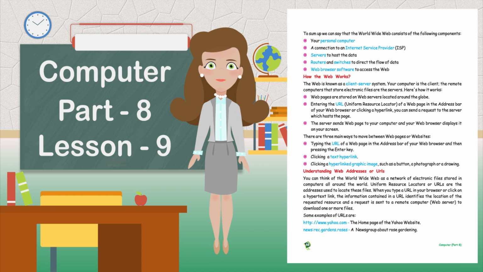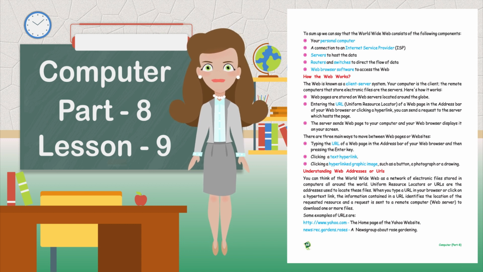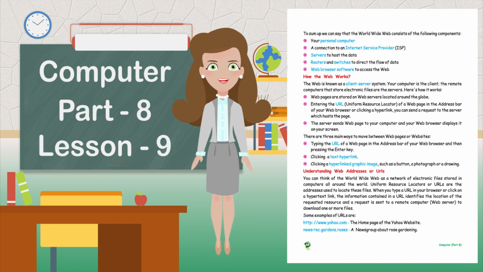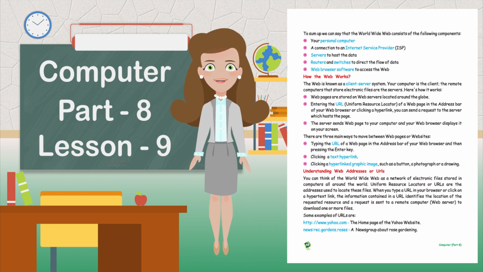How the web works. The web is known as a client-server system. Your computer is the client. The remote computers that store electronic files are the servers. Here's how it works. Web pages are stored on web servers located around the globe.